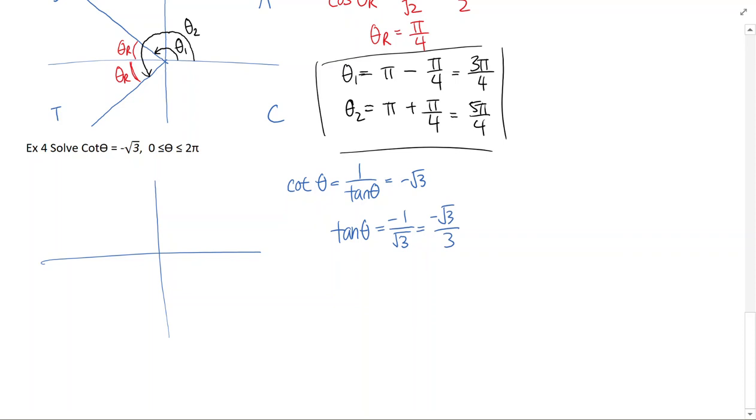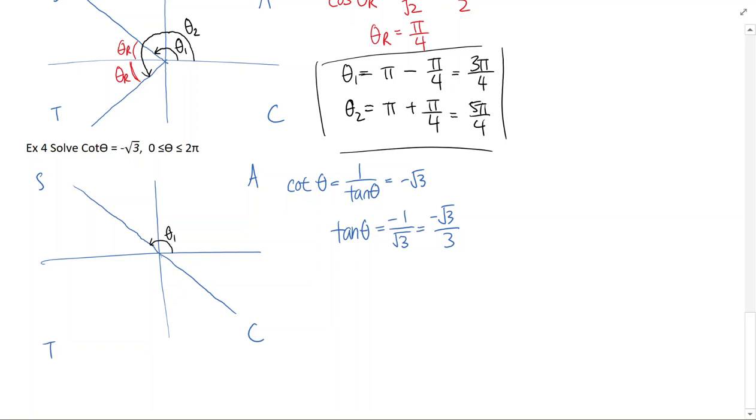Knowing that, we still have our All Students Take Calculus. Since this is a negative ratio, we're going to be in quadrant 2 and quadrant 4. Now we're going from the initial arm to 2 pi, so it could be here.